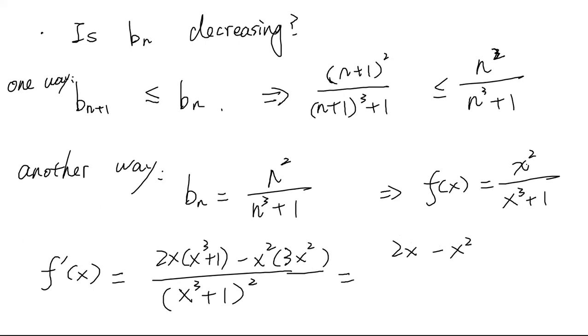Right, so after you do the simplification, you get 2x minus, it's not x squared anymore, let me make sure, sorry, right, just x cubed. Okay. Yeah, and then this is over (x cubed plus 1) squared.